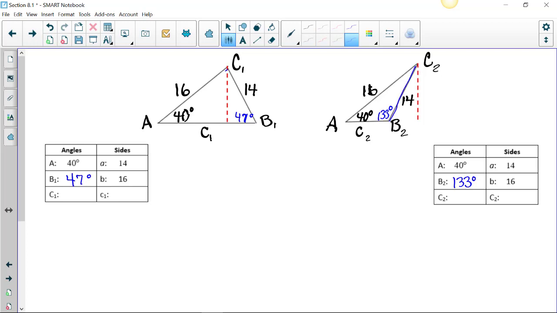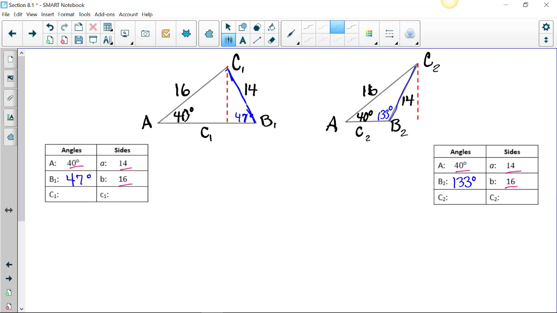This is that side. Whoops, that wasn't so good. So I've labeled those two angles. Here are the three measures that we were originally given, angle A, side A, and side B, and they will be the same in both triangles. So notice how they have not changed.